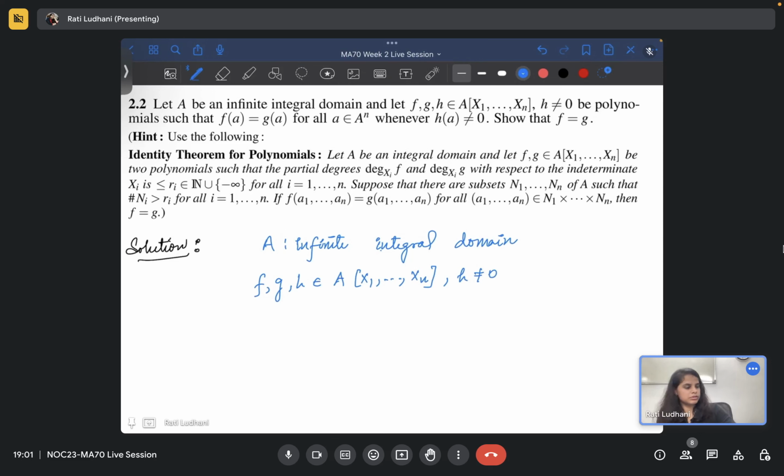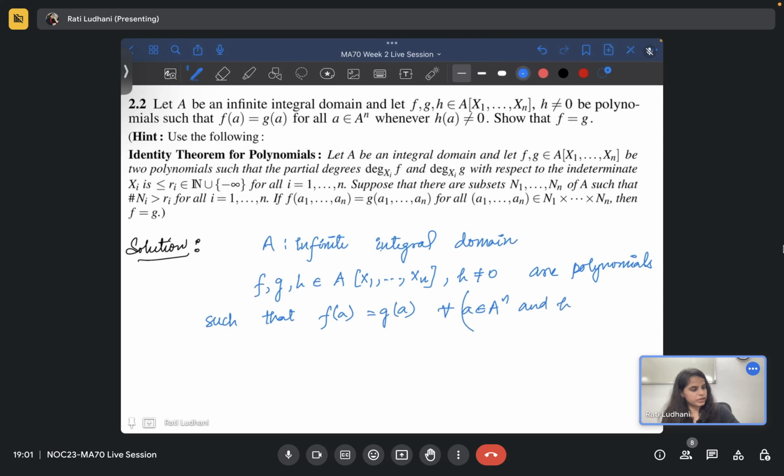So these are some polynomials such that f of a is equal to g of a for all a belonging to A^n, like all those points where h of a is non-zero.